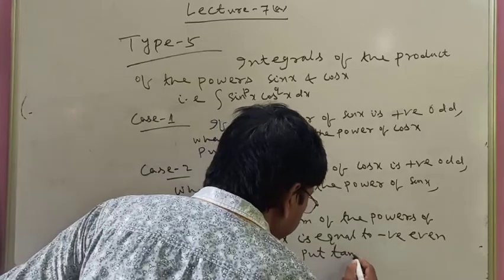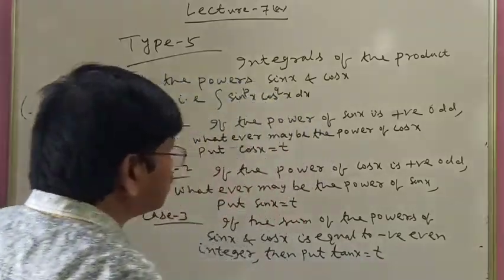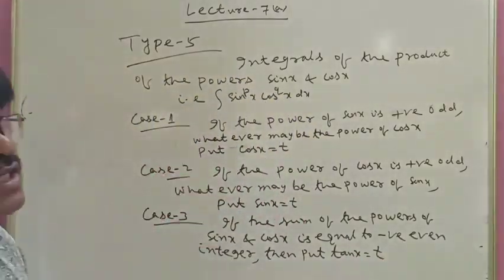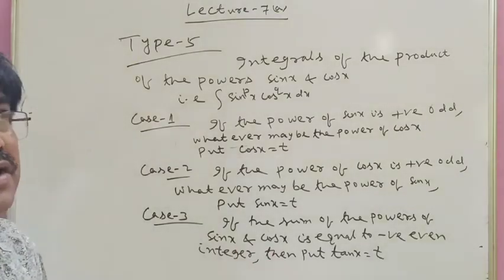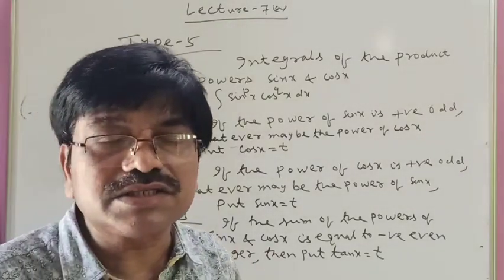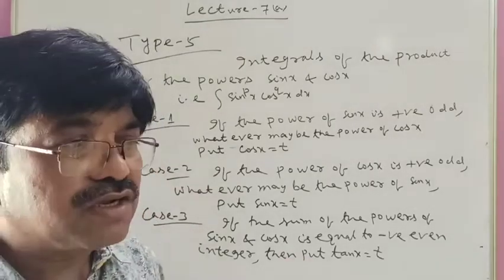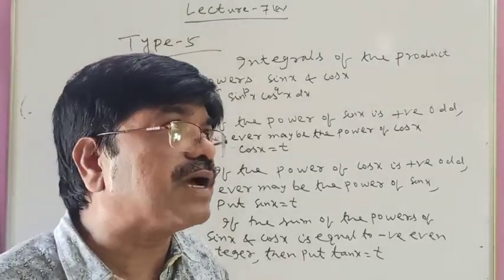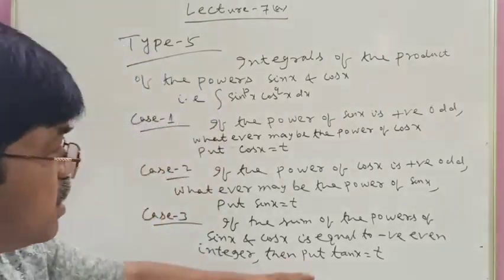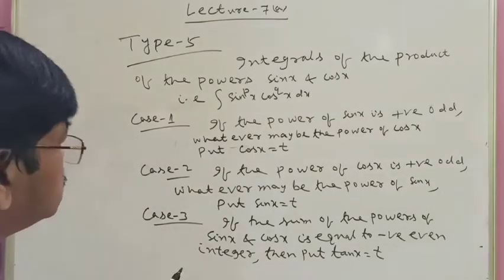So here the substitution is tan x is equal to t. If the sum of the powers of sin x and cos x is a negative even integer, let me say the sum is minus 2, put tan x is equal to t. Or if the sum of the powers is minus 6, that is a negative even integer, so put tan x is equal to t. Okay. So this you must remember.